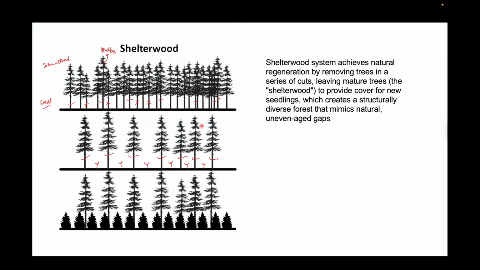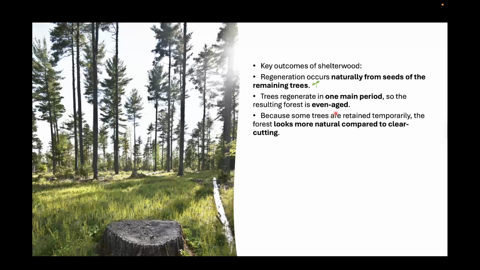If you look closely, there are two populations of trees: shelterwood trees, which will be removed in subsequent phases to create an even-aged forest. Because some trees are retained temporarily, the forest looks more natural compared to the clear cutting or clear felling system.